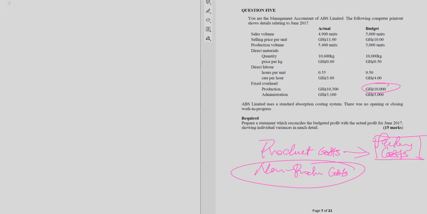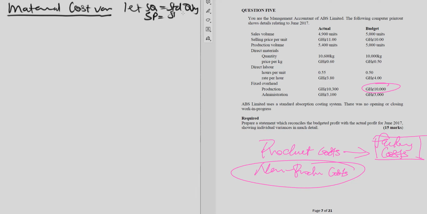So let's first start with material. When it comes to material cost variance, I use the simplified approach. In the exam, you define that let SQ be equal to standard quantity, and let SP be equal to standard price, and let AQ be equal to actual quantity, and AP be equal to actual price.